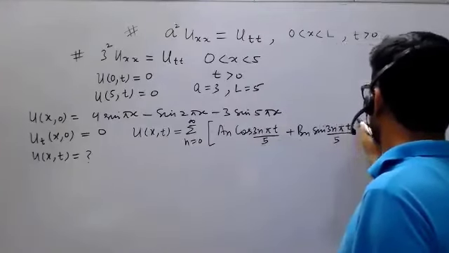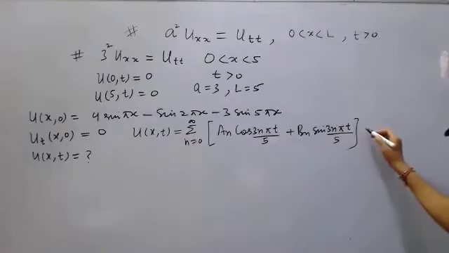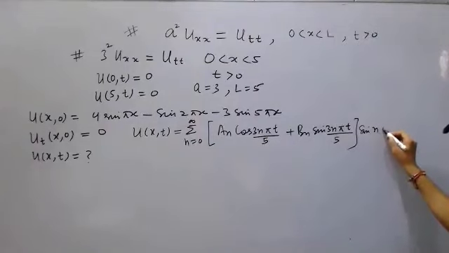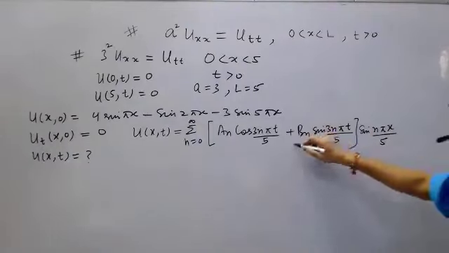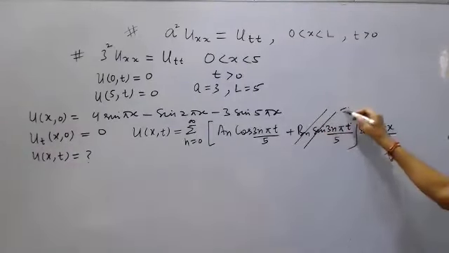L is 5, into sine of n pi x by L. This is the solution, and this term goes to 0.